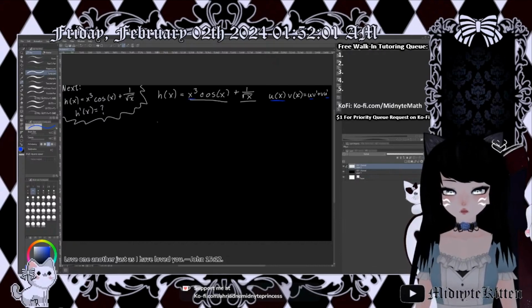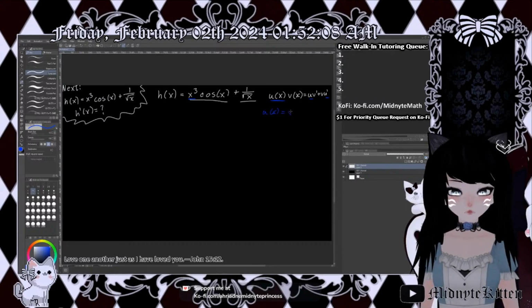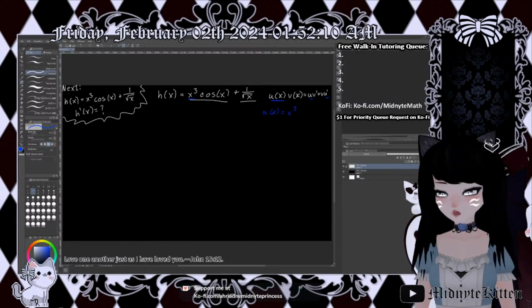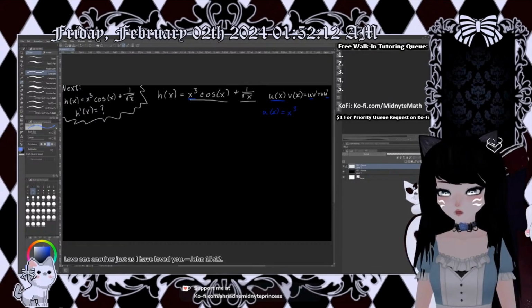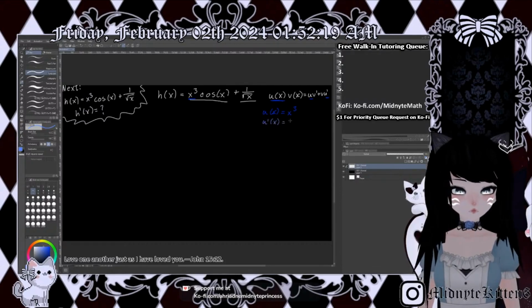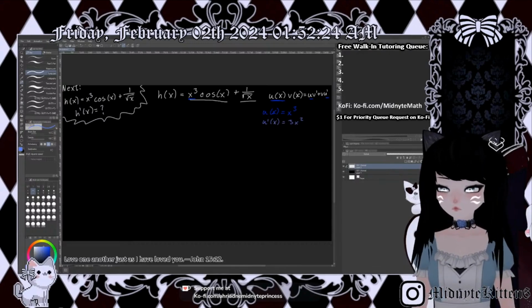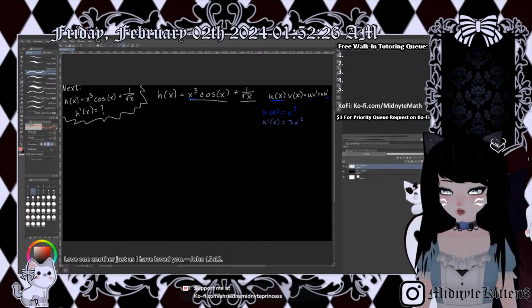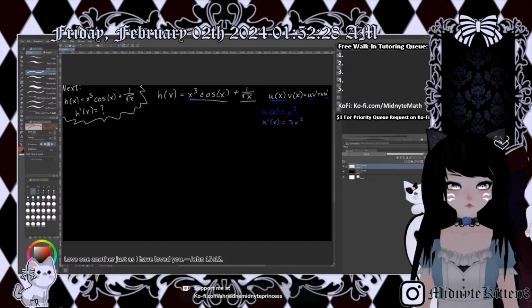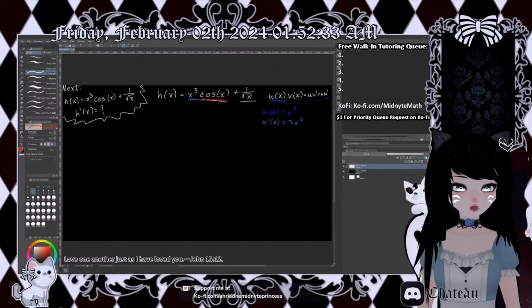First we need u, so u of x is x cubed. I'll make the derivative a bit lighter. So the derivative of u is 3x squared. And we'll use red for v. In this case, it's cosine x.